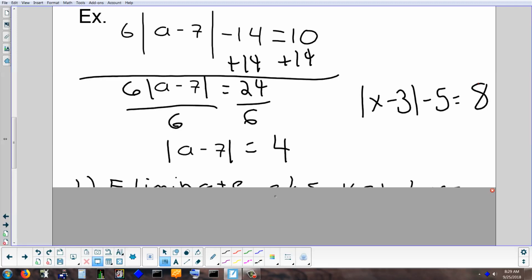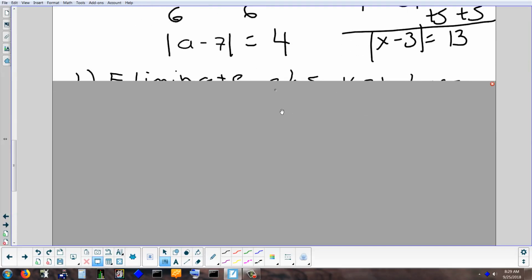I got no number attached, but I would still have to plus 5 to get the absolute value by itself. All right? So again, those are the situations where the absolute value is not by itself, so you can't just go ahead and solve. You got to take a few steps to do that.